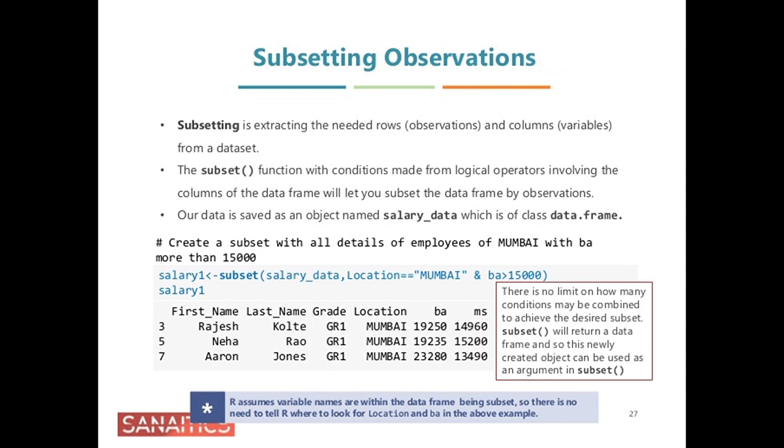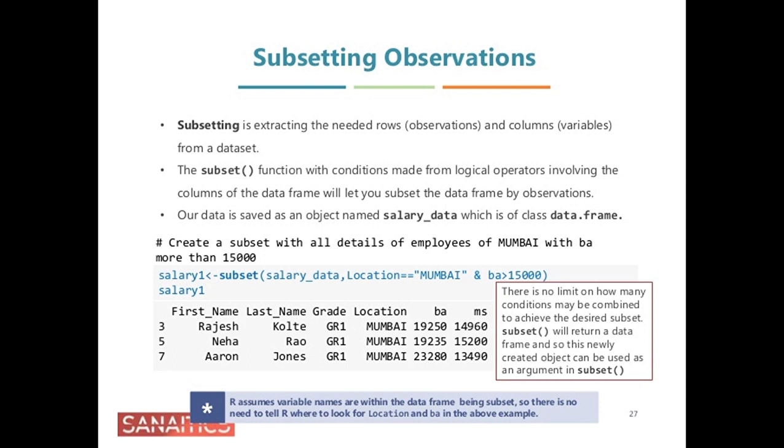Subsetting observations. Subsetting is extracting the needed rows and columns from a data set. The subset function with conditions made from logical operators involving the columns of the data frame will let you subset the data frame by observations.